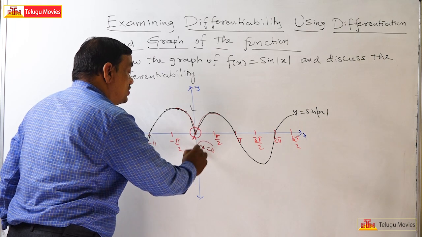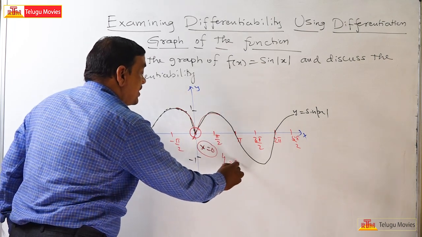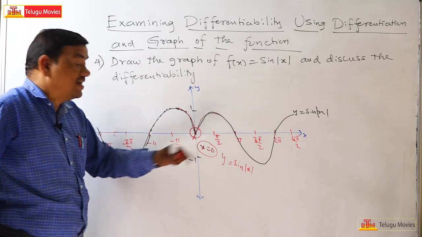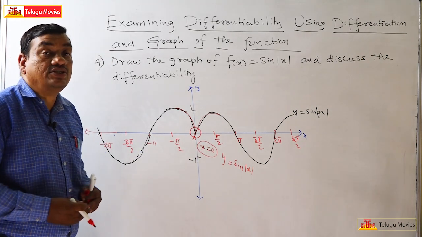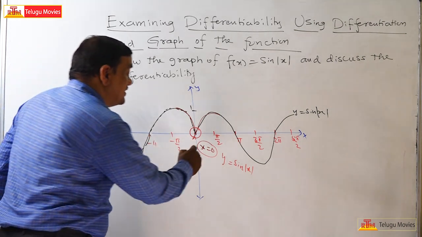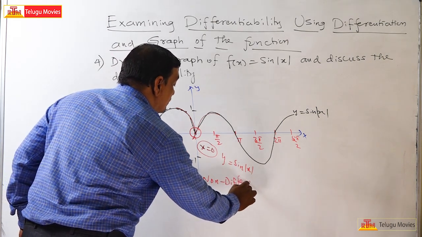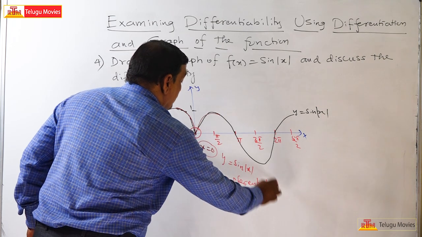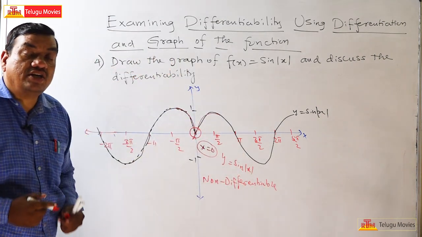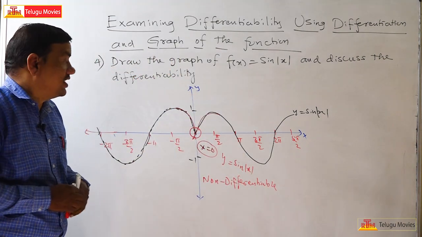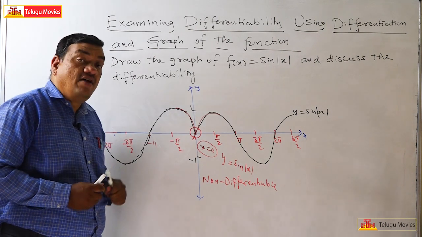At x is equal to 0, y is equal to sine of mod x is having a sharp edge. Therefore, at x is equal to 0, the function is non-differentiable. Understand this? So by drawing the graph, you can see.